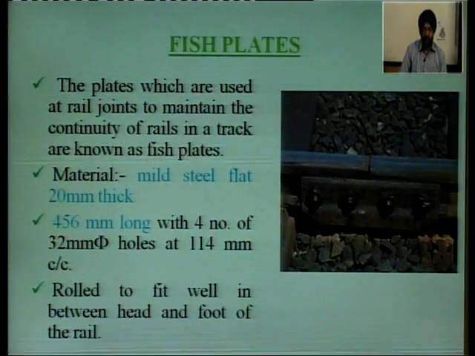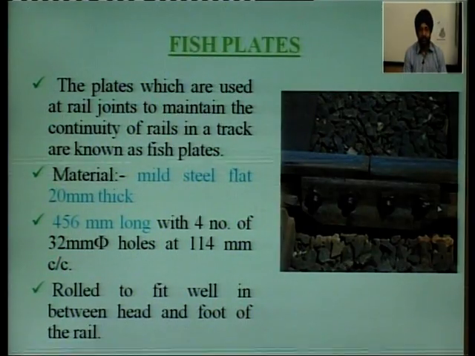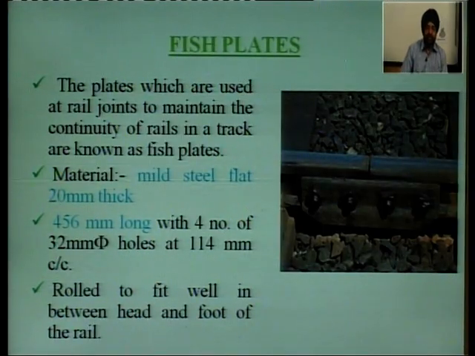Now, we have 4 holes here from where these bolts are passed. So, these are having 4 holes of 32 mm diameter at 114 mm center to center. The distance between adjacent holes is 114 mm center to center.